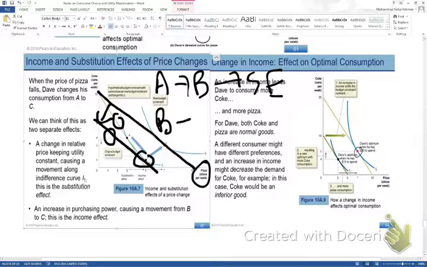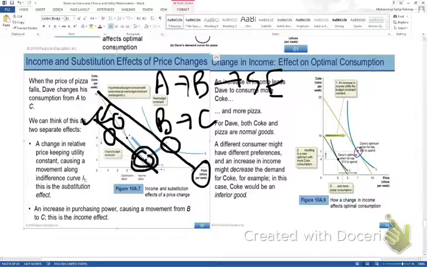Then we are now comparing between B and C. So B is on the artificial budget constraint but tangent with our original indifference curve. C is on our new budget constraint and tangent with a higher indifference curve. Notice that between B and C, the only thing that is different is the income, right? The prices are the same. Why?